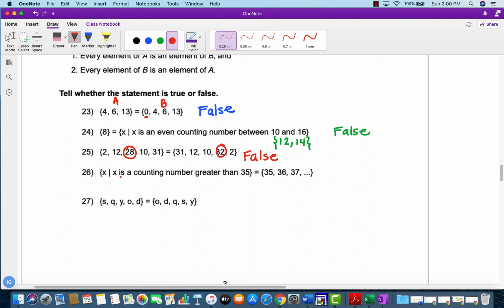Next one, x is a counting number greater than 25. So that will be this, but then 35 is not in the first one, so it's false again.